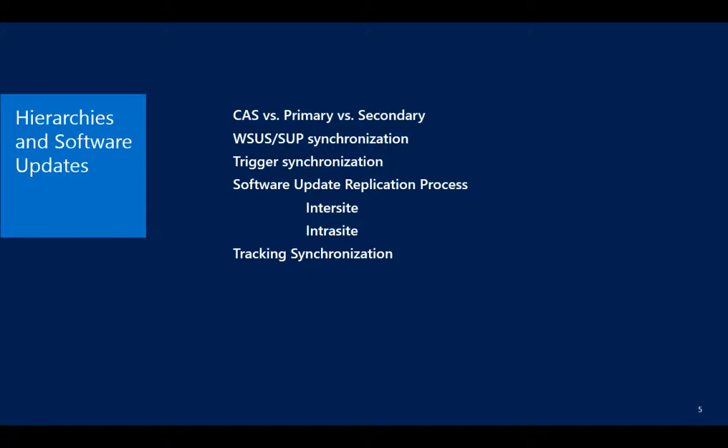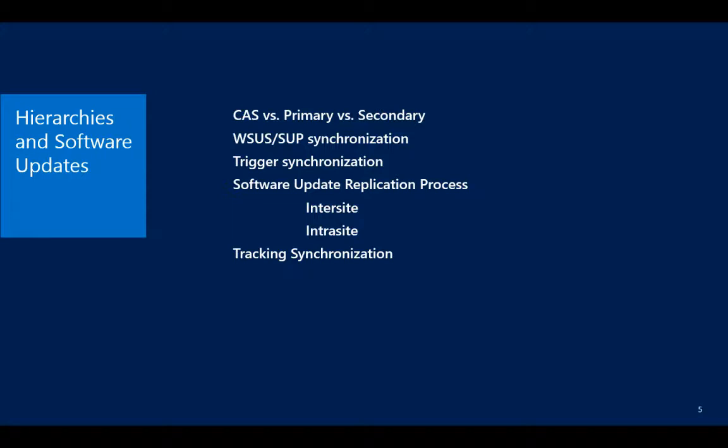In those scenarios, you need things like a management point or a distribution point local. That's why on a secondary site now we require you to install a management point and distribution point locally. You can't have a secondary site without a local management point and distribution point. In the same way, if you're going to be installing software updates, you're very likely going to want a local WSUS server, or a local software update point.